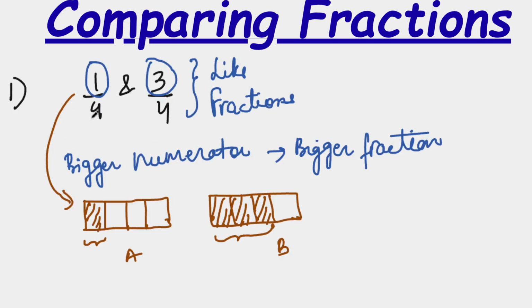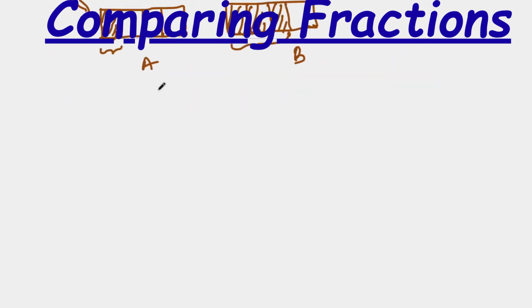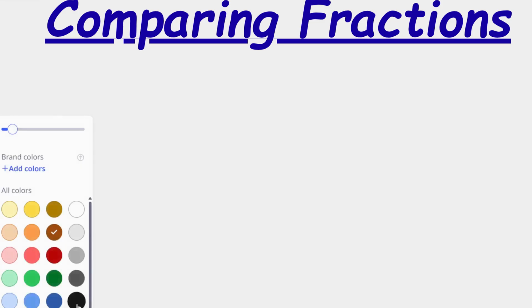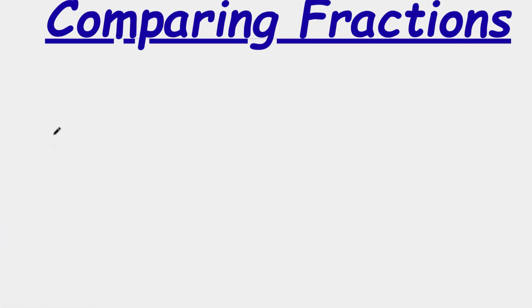Whenever the denominators are the same, you always need to look at the numerator. The fraction which has the bigger numerator will be the bigger fraction, and the fraction with the smaller numerator will be the smaller fraction.